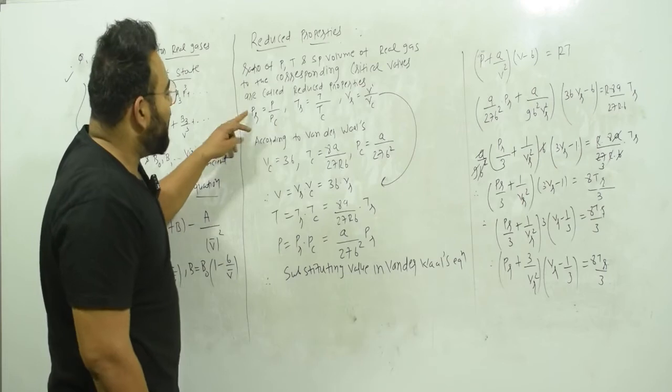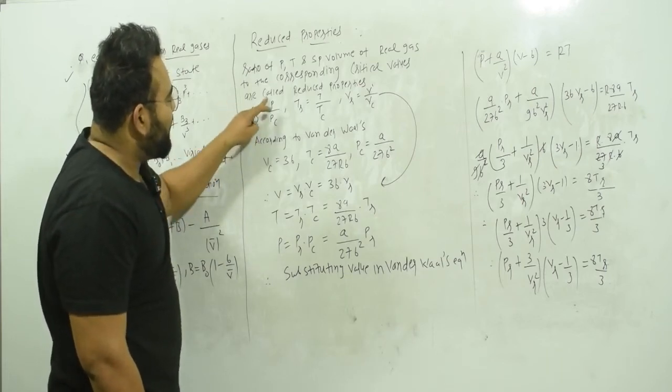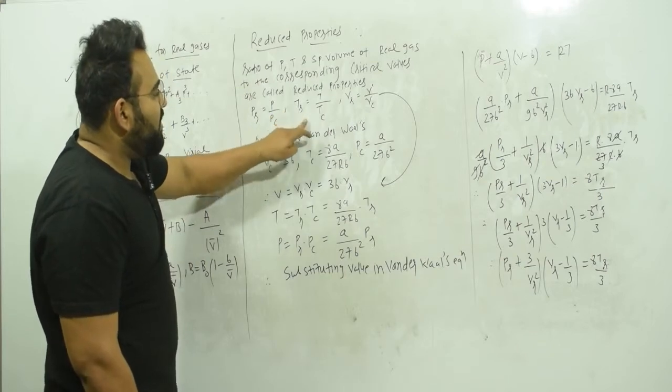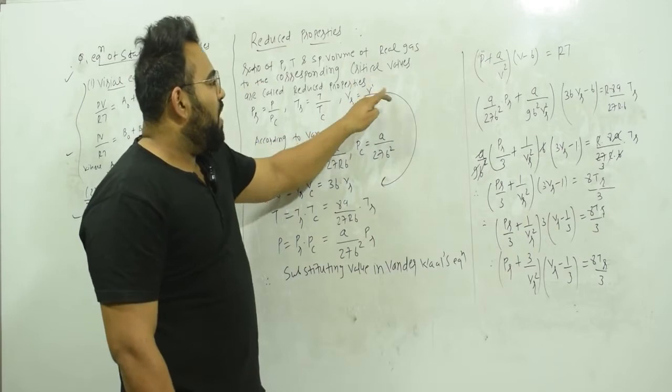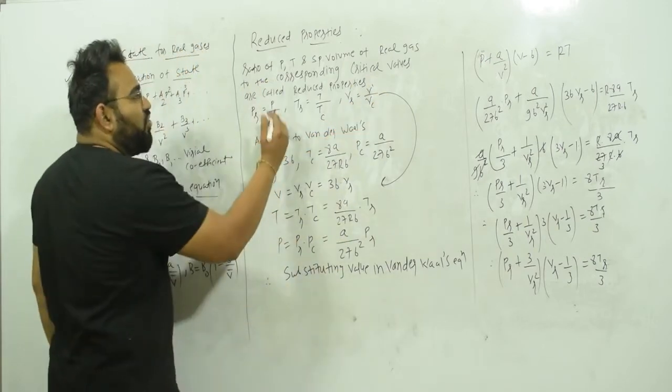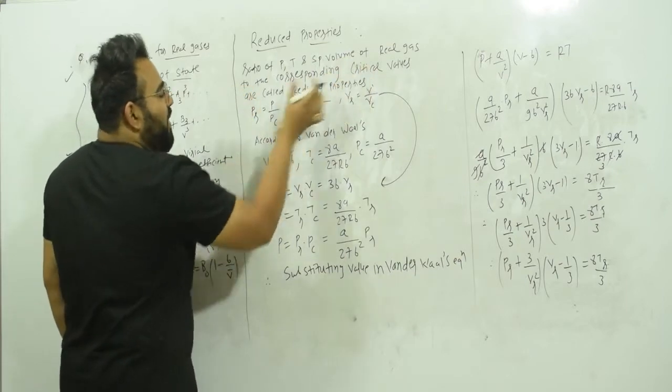You can understand this by the equations. Reduced pressure is equal to pressure upon critical pressure, reduced temperature is equal to temperature upon critical temperature, and reduced specific volume is equal to specific volume upon critical specific volume.